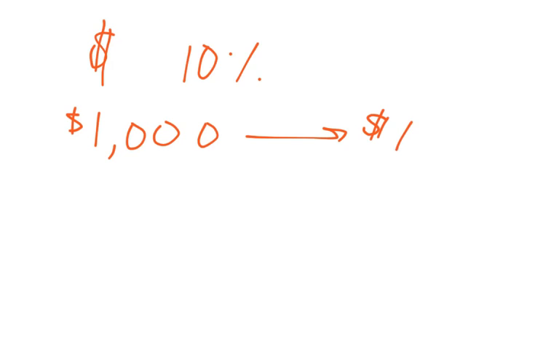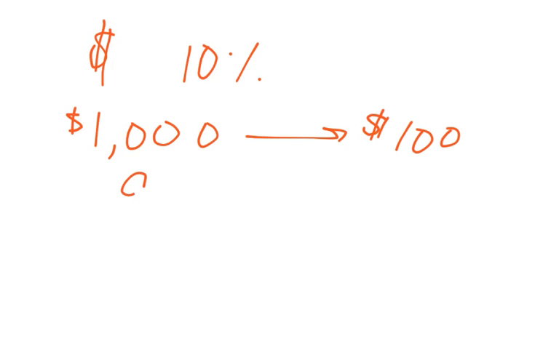So we'll start with this, and the numbers are going to get ugly quickly. Here's a $1,000 item that I purchased. One year later, it would lose 10% of its value. I chose this number on purpose because 10% might be easy to figure out, and that would be $100.